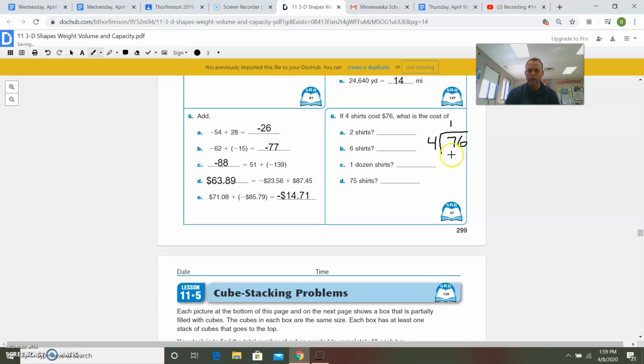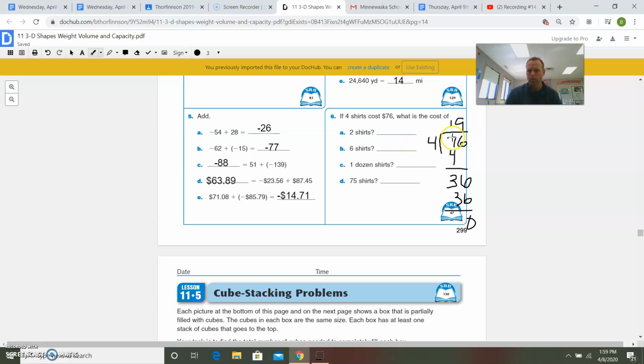Well, 4 goes into 7 one time. 7 minus 4 is 3. We bring down that 6 and you get 36. How many times does 4 go into 36? The answer is 9 times. 4 times 9 is 36, and you would get 0. So we know that 1 shirt costs $19.